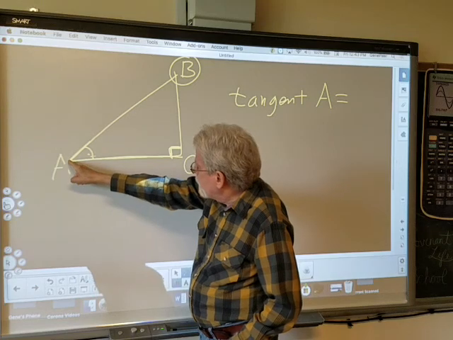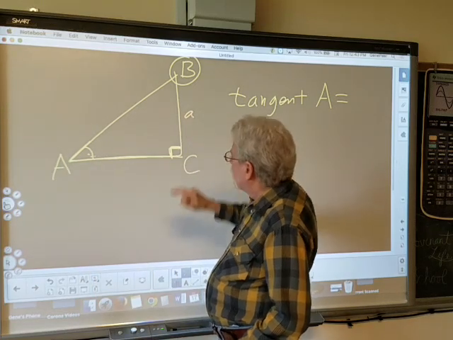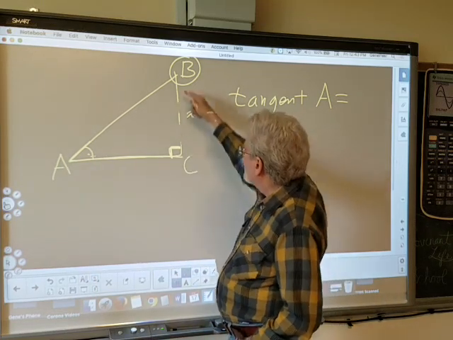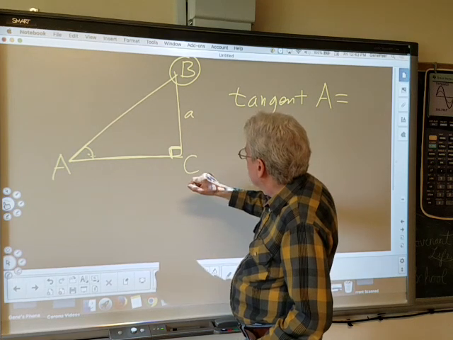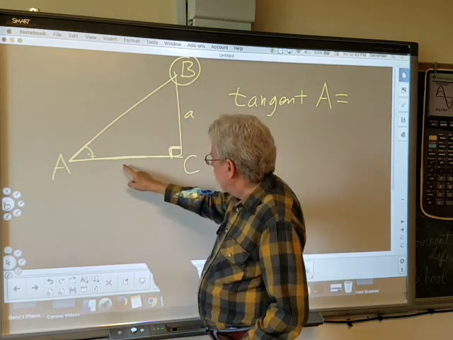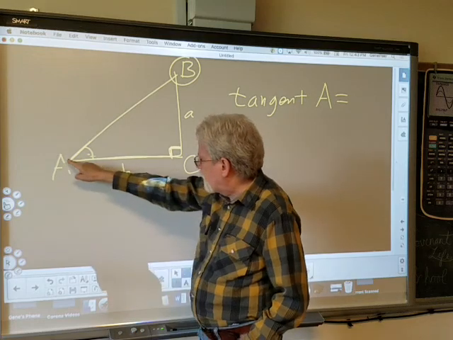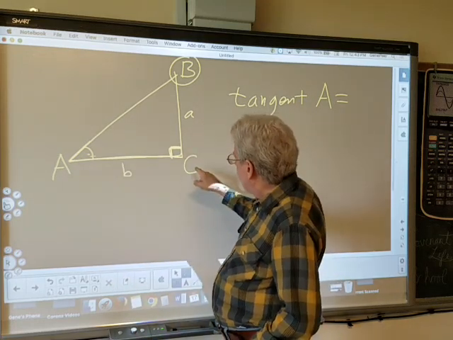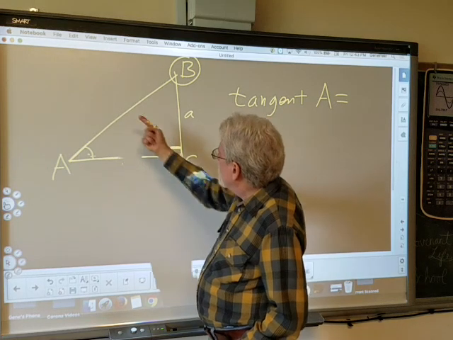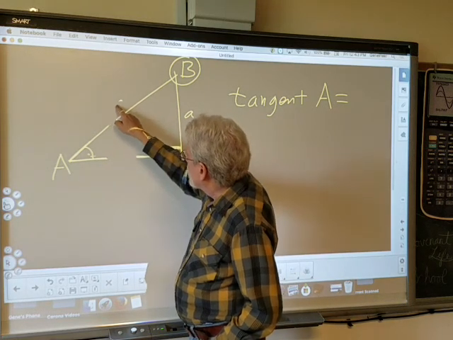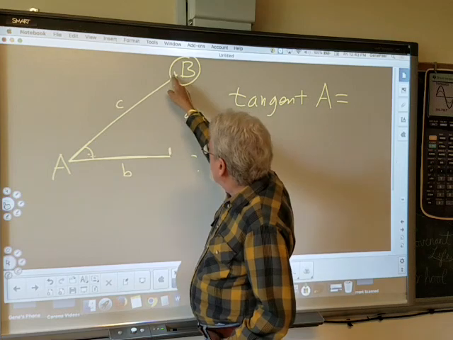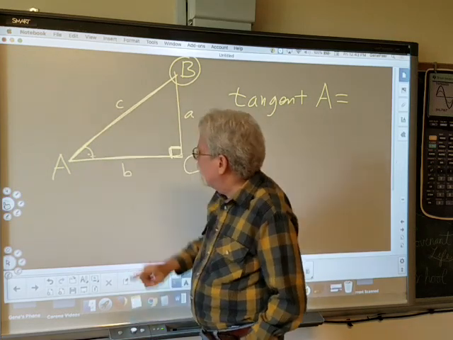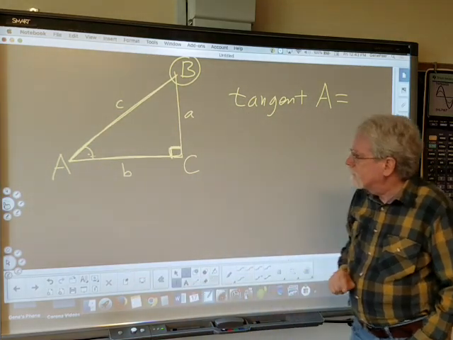If that's point A, we like to call this side lowercase a, representing the length of this segment. And if that's point B, we like to label this lowercase b, the length of this segment, the unknown b. And because that point is called C, we like to label the hypotenuse lowercase c, representing the length of the hypotenuse that we don't know.